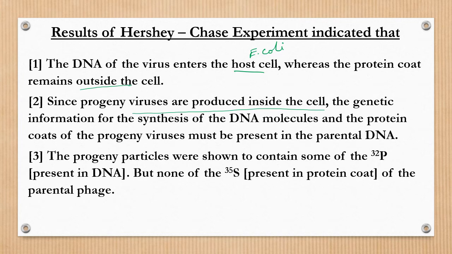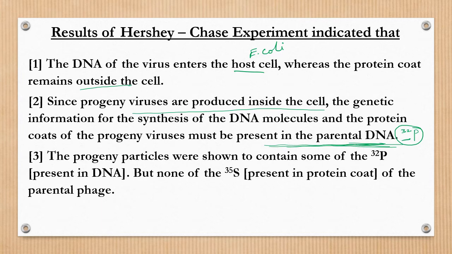The genetic information for the synthesis of the DNA molecule and the protein coats of the progeny virus must be present in the parental DNA. So the bacteriophage consists of DNA with radioactive phosphorus. When their progeny offspring are observed, their DNA also contains this radioactive phosphorus.